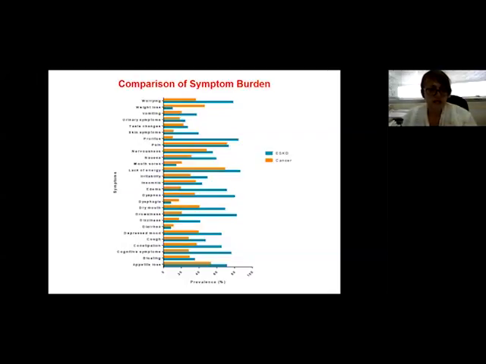But if you take a close look at this diagram, there's an interesting thing that you'll see, is that those with end-stage kidney disease by and large have a worse symptom burden than those with terminal cancer. So everyone perceives that cancer patients do have a lot of symptoms, and this is where a lot of the knowledge about symptoms and symptom management has come from, from cancer and palliative care.